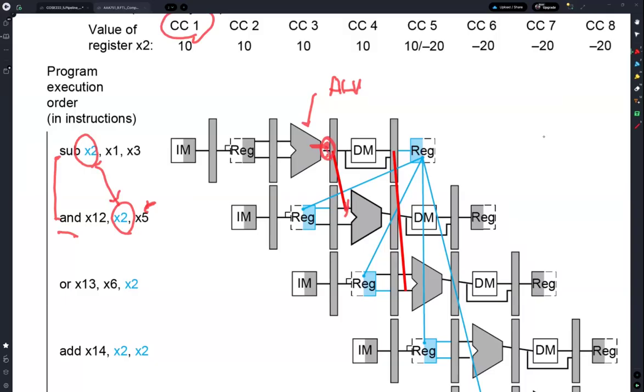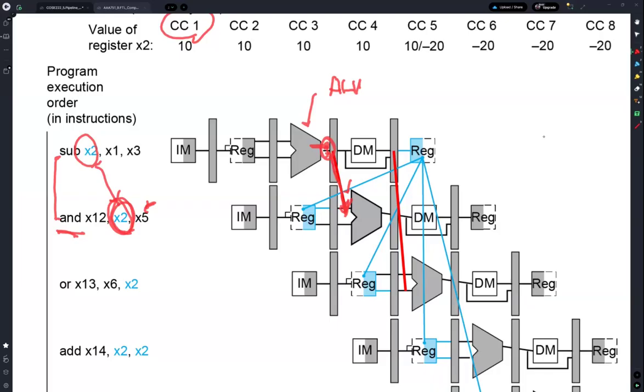This data can be delivered to the input of the ALU, because in order to execute this AND instruction, the CPU requires this data just before the input port of the ALU. So the data can be forwarded.